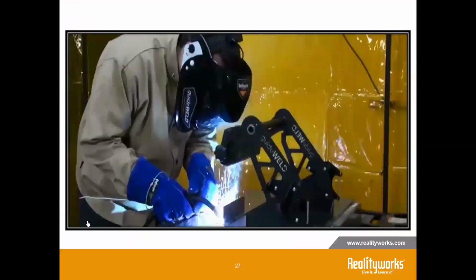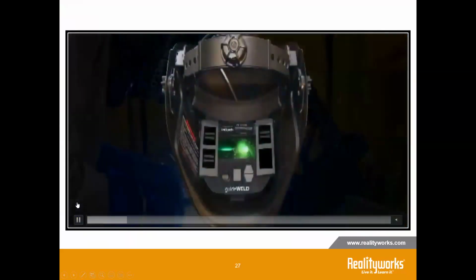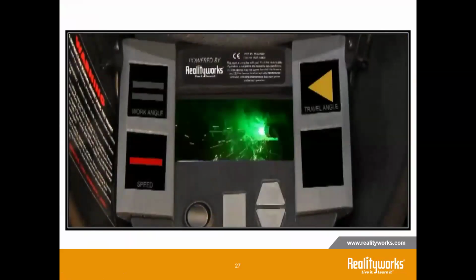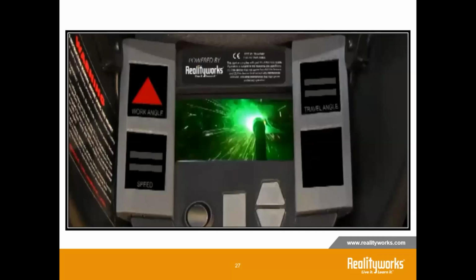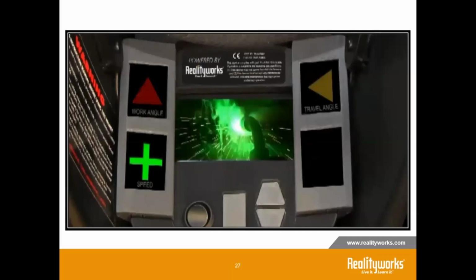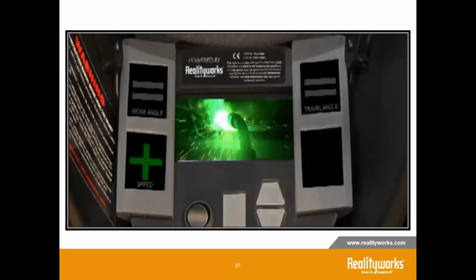So in this case here, you can see from our little video that as you're doing a weld, inside the helmet, it has these peripheral visions allowing you to know what your work angle, your travel angle, and your speed are, allowing for quality welds every single time you actually do a real weld.